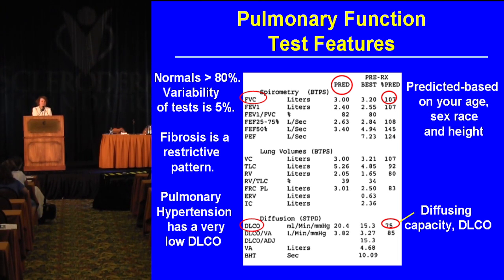Everybody, depending on their age, their height, their sex, race, they take massive numbers of people, normals, people that don't have any disease, and they come up with a formula as to what is expected for someone of your body status, okay? And so that's what this number is here. It's, quote, predicted, percent predicted.